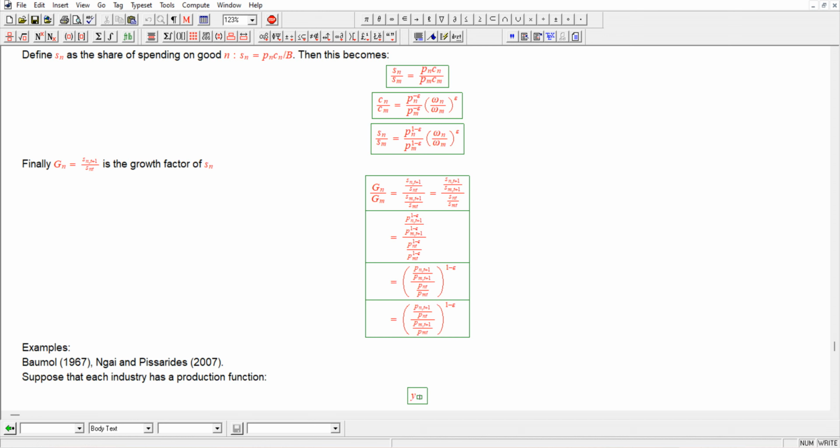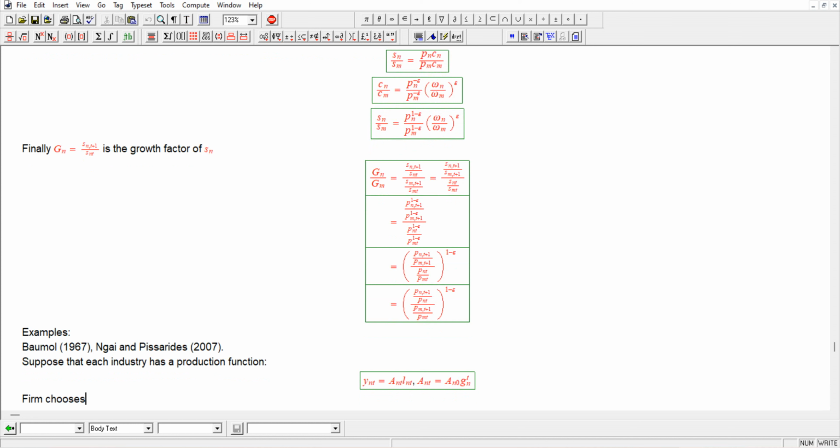So Y sub nt is output of good N at day t, A sub nt is productivity, and let's say L sub nt is labor. And to make life simple, let's forget capital. The key is that A sub nt is some A sub n0 times a factor G sub n to the power of t. In other words, productivity growth happens at a constant rate, but this rate is industry specific.